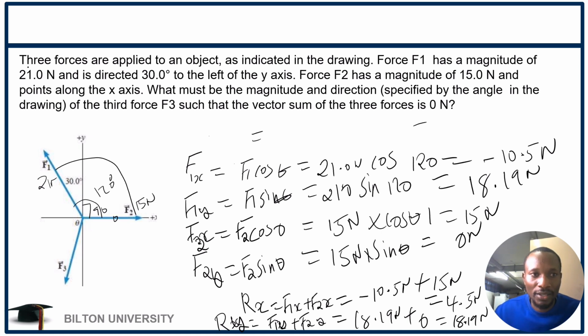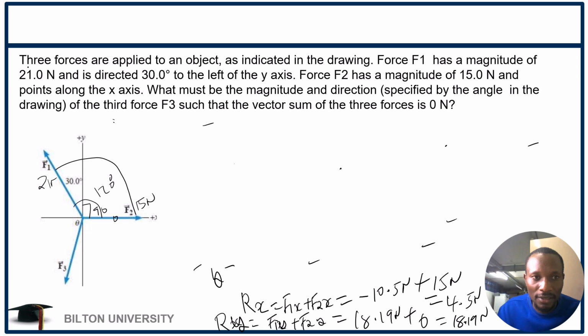After doing this, we can proceed to look at the magnitude of F3. Remember, we said F3 is equal to minus the sum of F1 and F2.